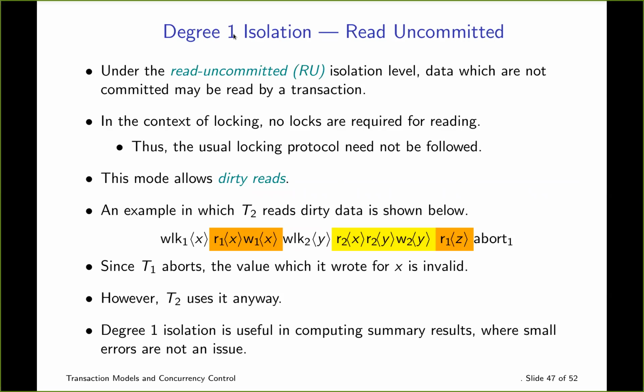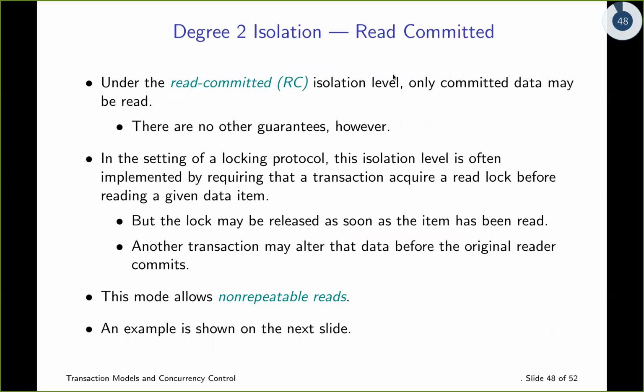So there might be cases in which this would be allowed, for instance where you're not doing a lot of reading of other transactions. We can think of some examples where that might actually be useful.